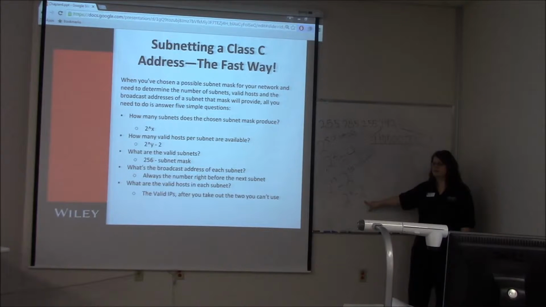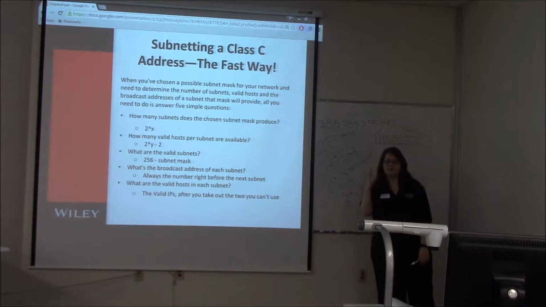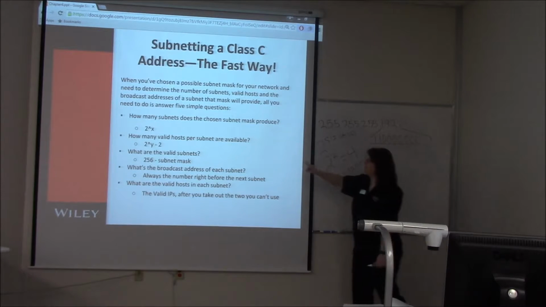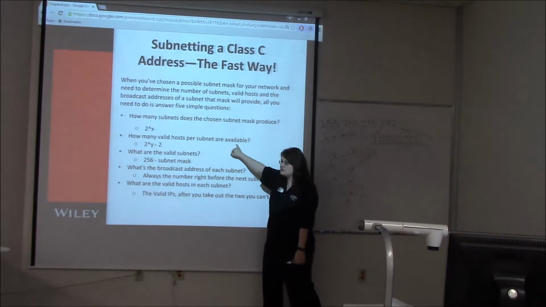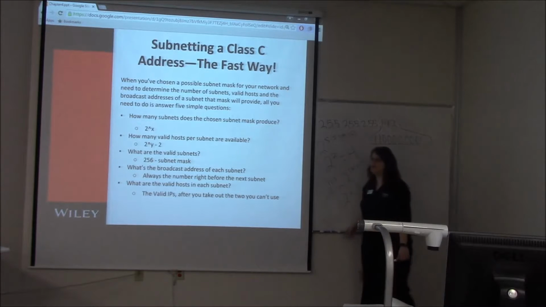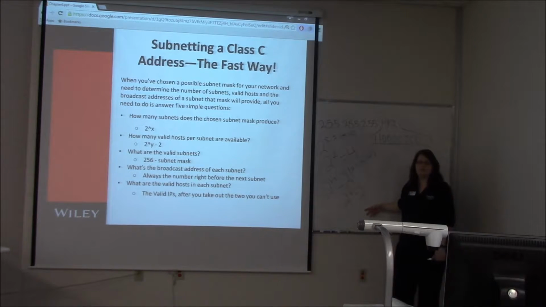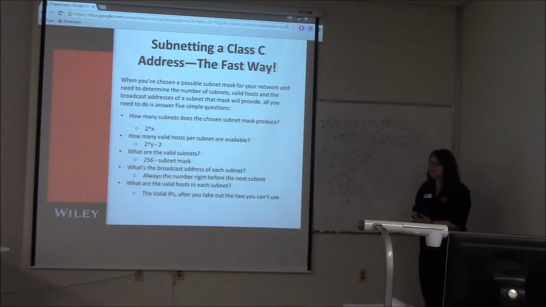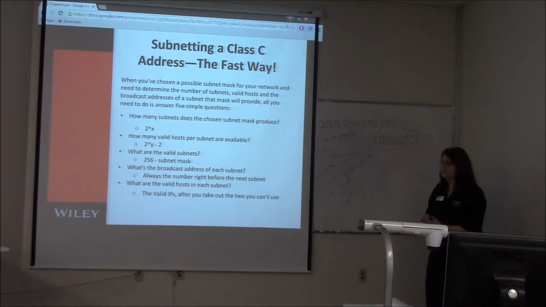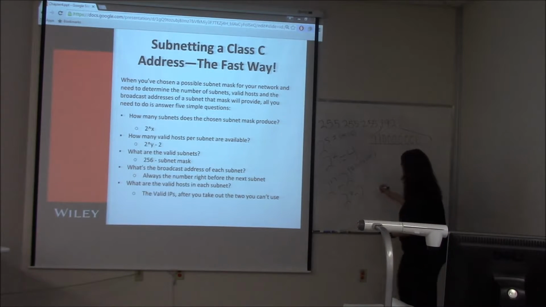For the network and broadcast. For every subnet, I have 2 addresses I cannot use. If it's asking for available hosts, I'm subtracting 2 every time because I can't use 2 of them. If it's asking for total hosts, I'm not. But for right now, we're going to talk about what's available. So what's 2 to the 6th minus 2? 62.